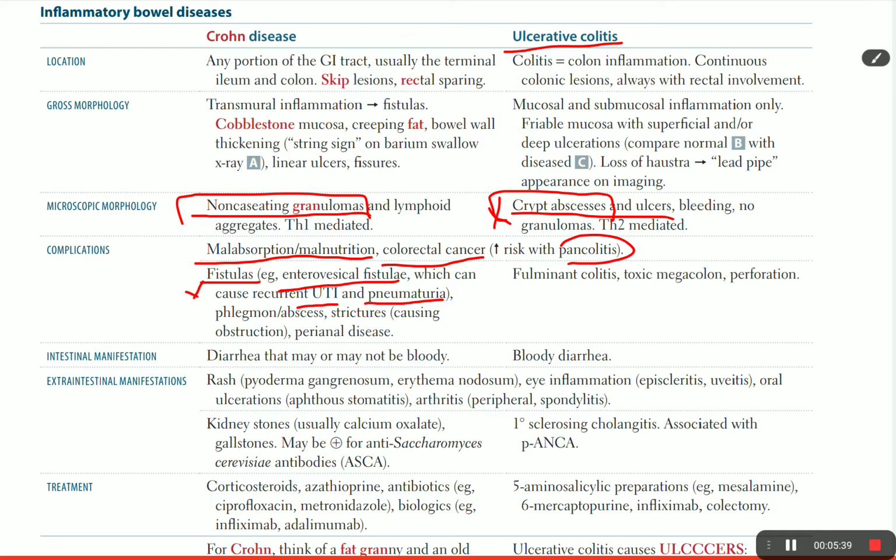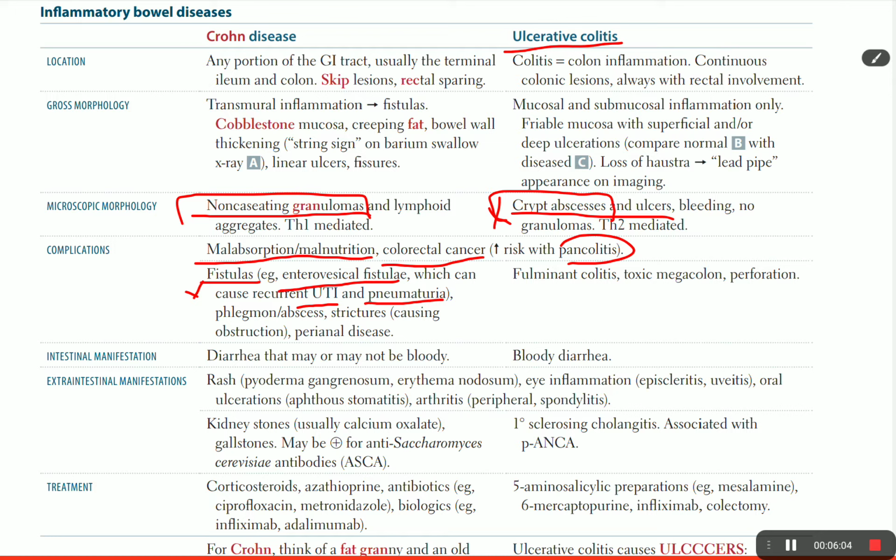Also, Crohn's disease has phlegmon and abscesses. So we have another abscess here. What's the difference between the abscess in ulcerative colitis and the abscess in Crohn's disease? We said it's a crypt abscess, an abscess of the crypt of the intestines. But here the abscess of Crohn's disease is not in the crypt. That's the difference.